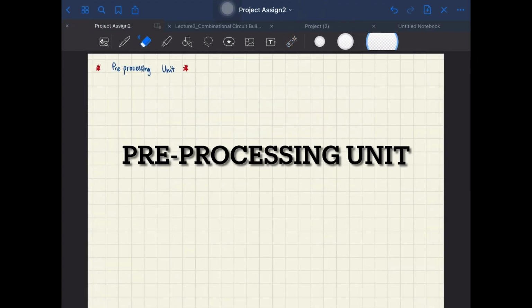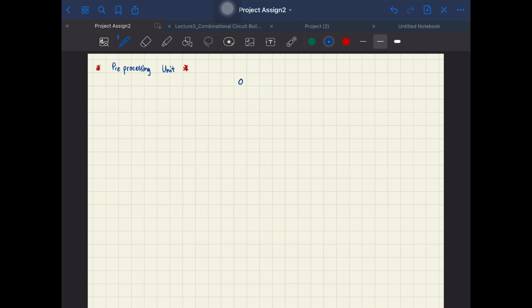So, starting with the pre-processing unit, the last 4 digits of my student ID number are 0235. If you press any button of this number, you will get my password correct, right? And what about the other numbers?